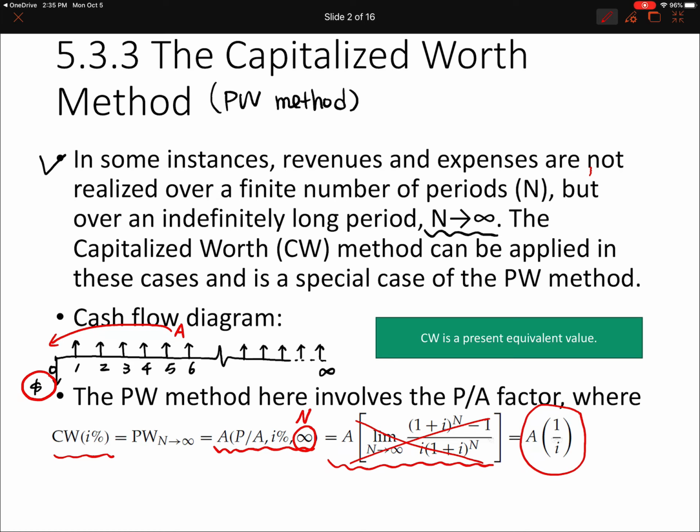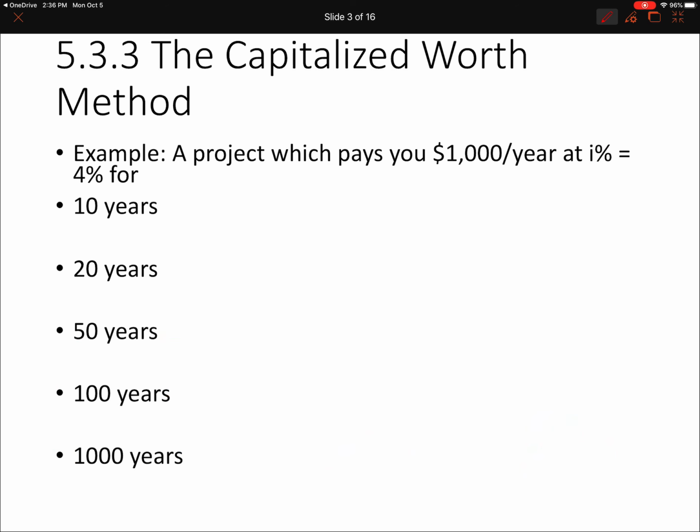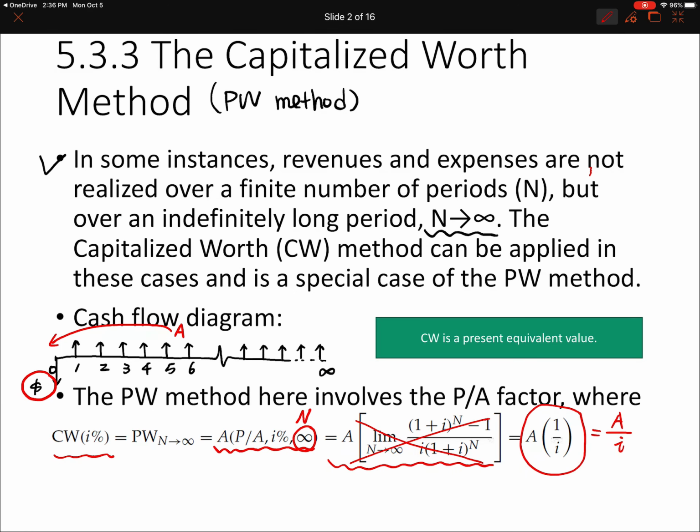So if you can determine that the timeline is going to be infinite and you want to convert all the cash flows, the annuities along that infinite timeline, back to the present, you can just use A, that annuity, over the interest rate. That is the capitalized worth method. It is a very easy equation to use, but you just need to know when you are going to use it.